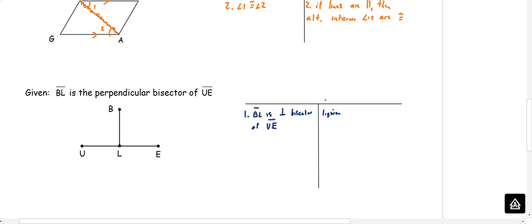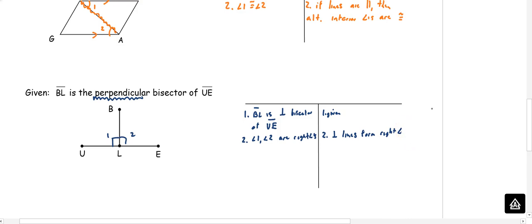Now, if it's a perpendicular bisector, there's two pieces here. So first we're going to deal with perpendicular. Remember from before that perpendicular forms right angles? So we have two right angles here, angle 1 and angle 2. So our first statement would be angle 1 and angle 2 are right angles. And our reason is that perpendicular lines form right angles.